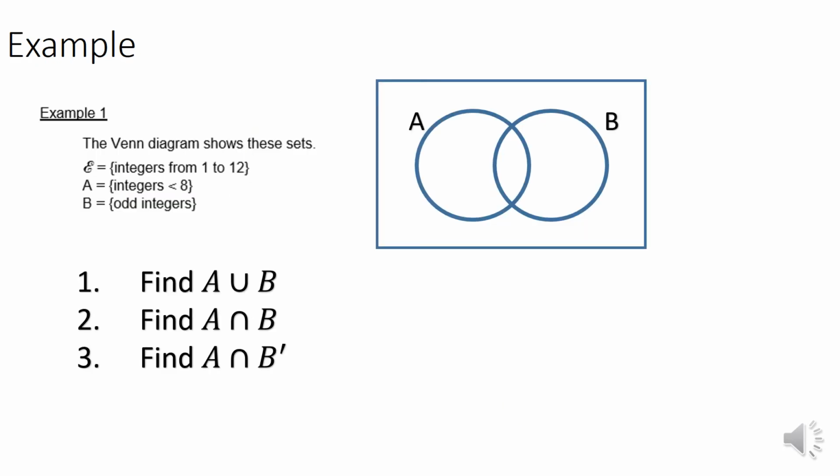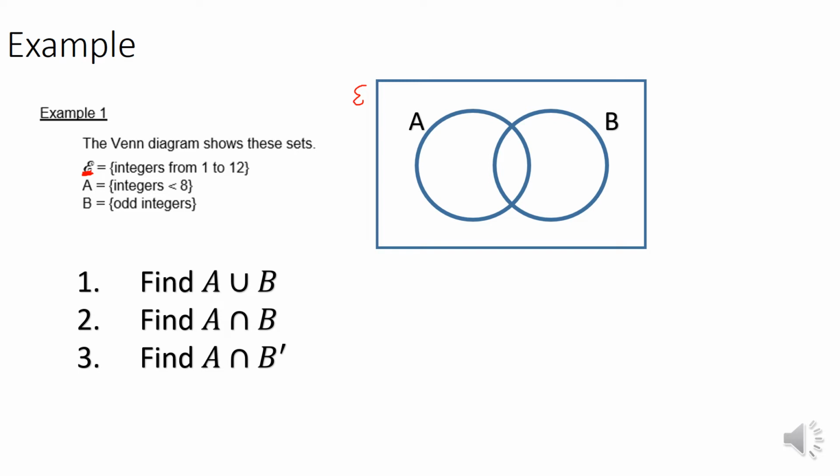Okay, so let's do an example with some numbers and let's see how this goes. So first thing, we've got our Venn diagram and it shows these sets. So the universal set, so all the numbers together, is the integers from 1 to 12. So whole numbers from 1 to 12, that is what we need to put in our rectangle. A is the integers that are less than 8, and B is the odd integers.